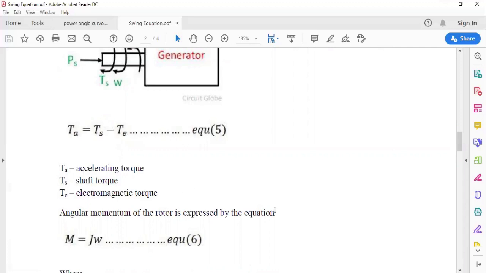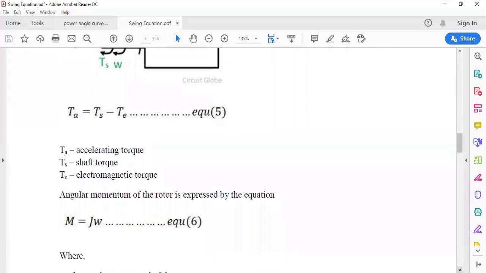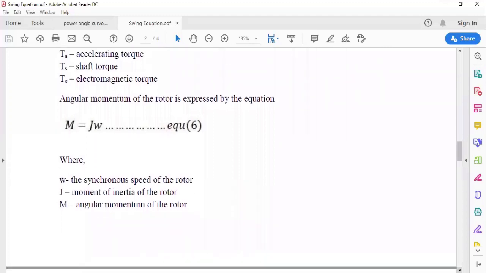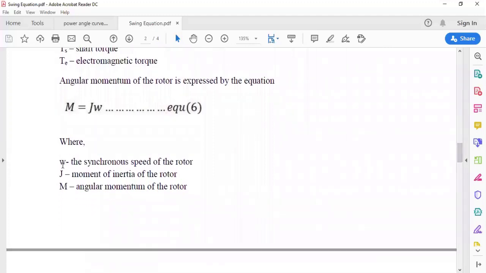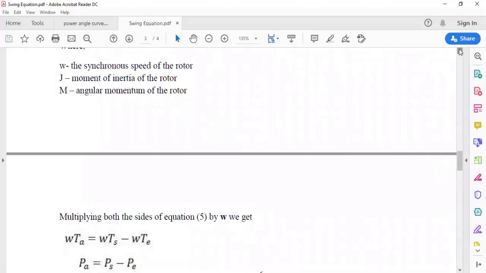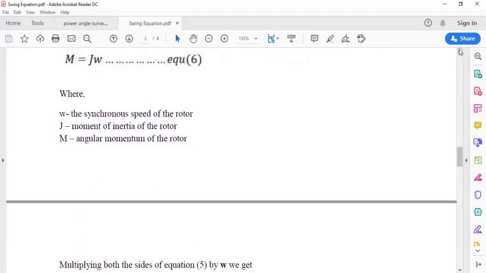Okay. Now there is angular momentum. Now what is angular momentum? Angular momentum is the product of moment of inertia and speed. So that is M, angular momentum. Now you see here, let's just show the equation, then only you can understand.